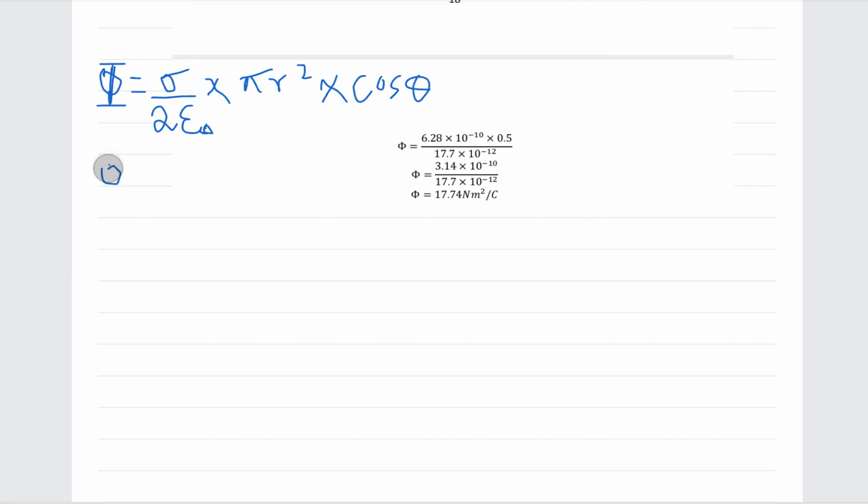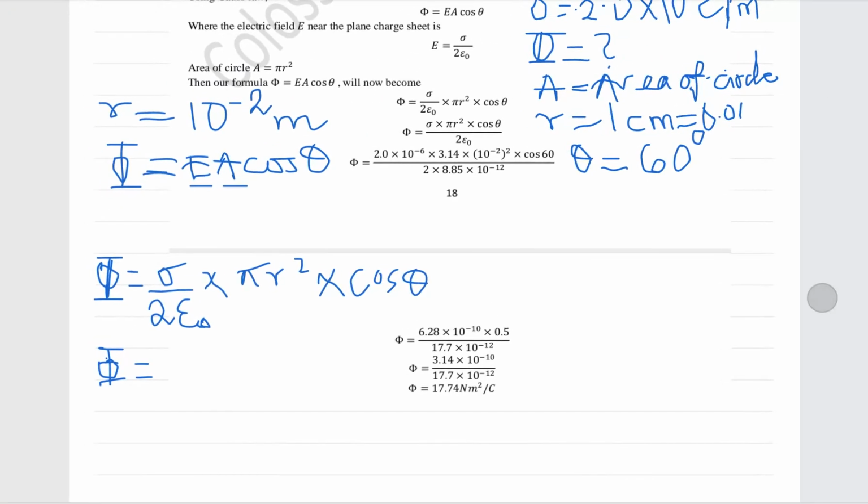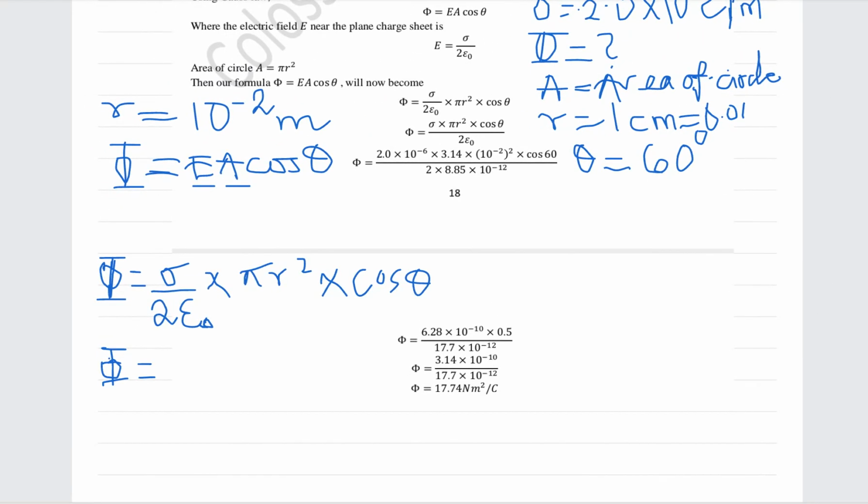So we have phi equal to, what's my rho? Let's multiply everything at the top together. That will give us rho multiplied by pi r square multiplied by cos theta, all over 2 epsilon naught.